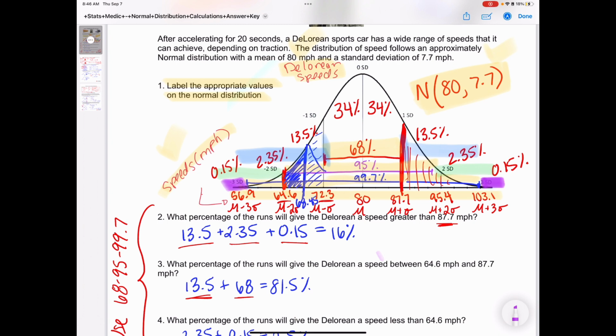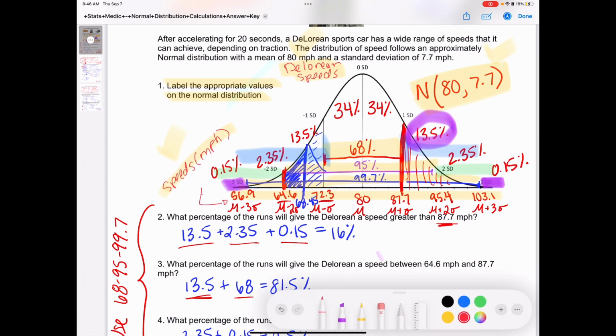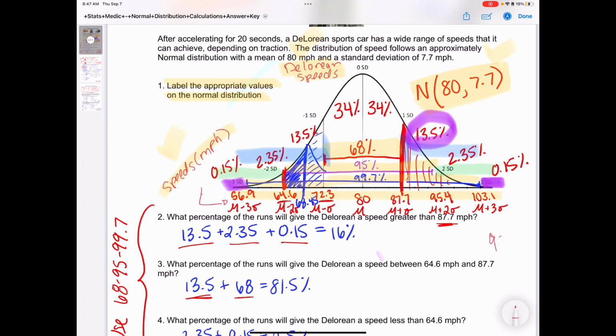So you can see, to be able to find 13.5, for instance, the way we're doing that is we're taking the 95 here, which spans 2 standard deviations, and we're subtracting the 68.